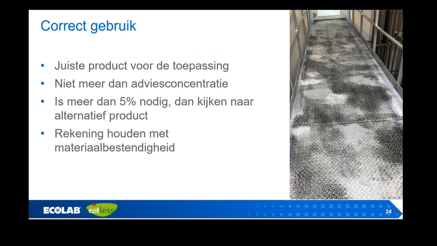He cleaned it with a chlor-alkaline product, and this walking bridge was not from stainless steel, but from aluminium. And you see the spots. It really damaged the walking bridge. So just to let you know, you have to think about which product you're going to use on which material.